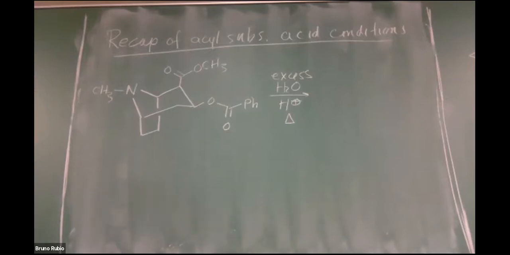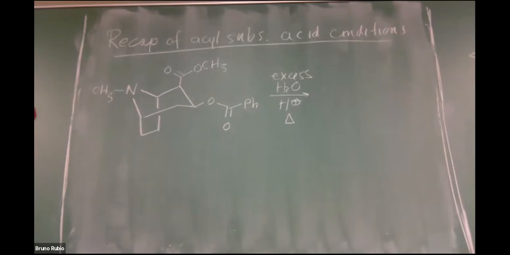Acyl substitution, acidic conditions. You're looking for an acyl carbon. What's that? That's a carbonyl carbon that is bonded to something that is not carbon and not hydrogen, right? So you're looking for that acyl carbon.